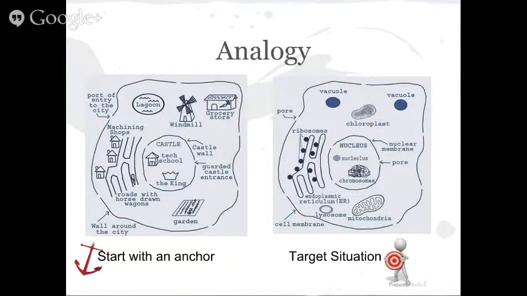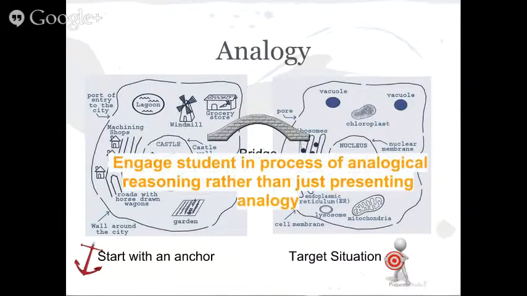Then they're going to try to apply that to the target situation, which is the cell and all the organelles within the cell. Sometimes, like I said, they're going to need a bit of bridging to make those connections. One thing that's pretty intuitive that the research pointed out was that rather than just presenting this analogy, you need to take the students through a process of making those connections.